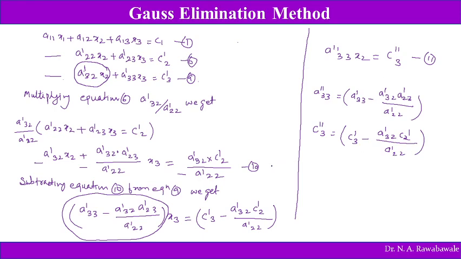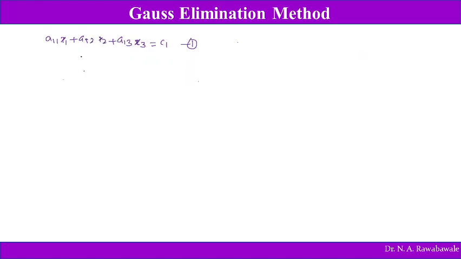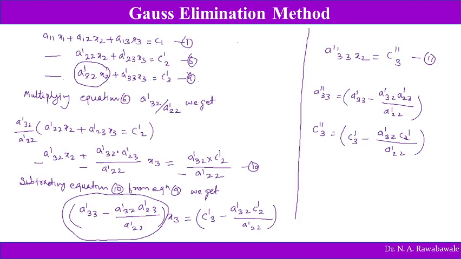Now once again we write the equations. First equation: a11 x1 plus a12 x2 plus a13 x3 equals c1. This is equation number 1. Coming back, equation number 6: a'22 x2 plus a'23 x3 equals c'2.